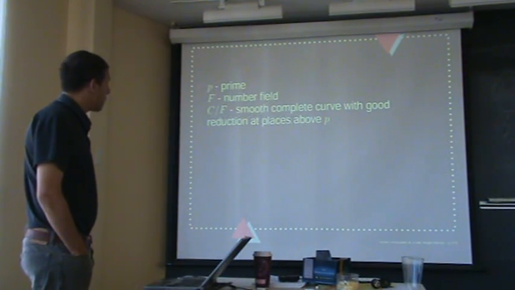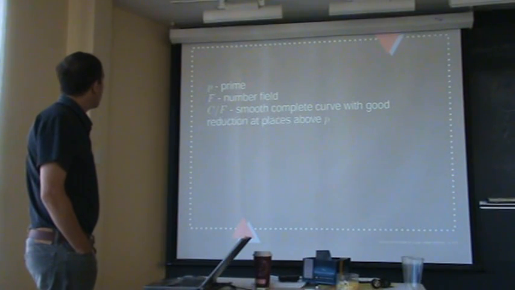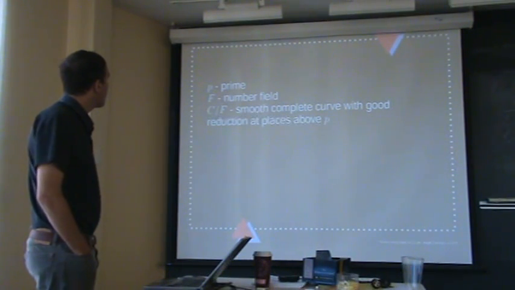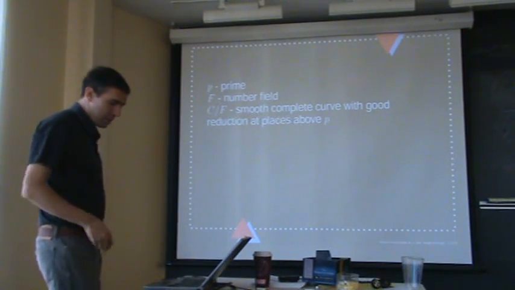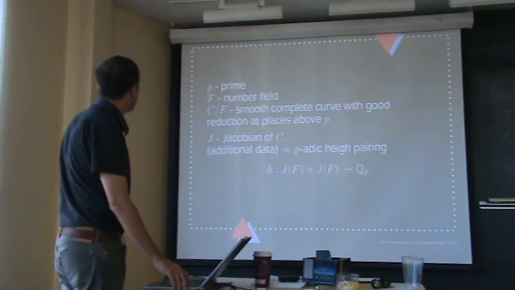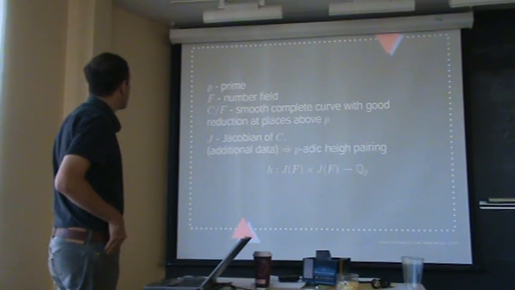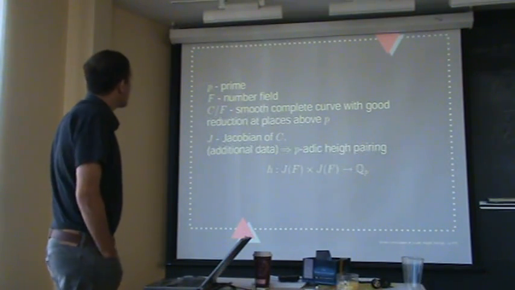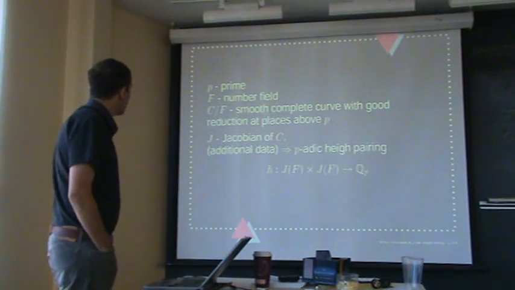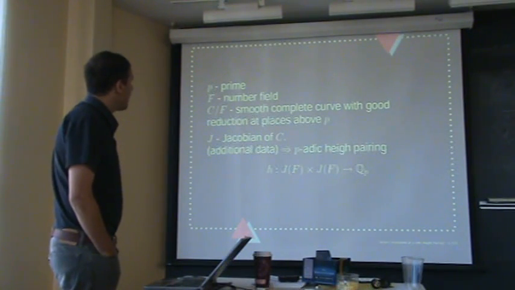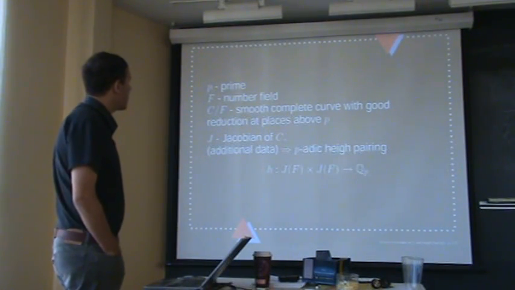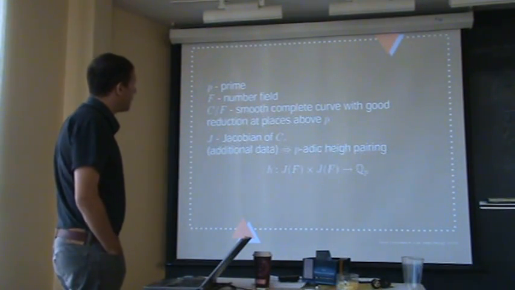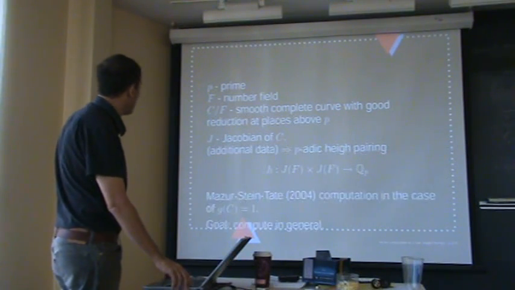So I'm going to start with a prime number p, a number field F, and a smooth complete curve C with good reduction at places above the prime p, and J is going to be the Jacobian of C. You'll see that there's some additional data involved, which I'll introduce. Then there's a p-adic height pairing, a symmetric bilinear pairing between the F-points of the Jacobian and Q_p.